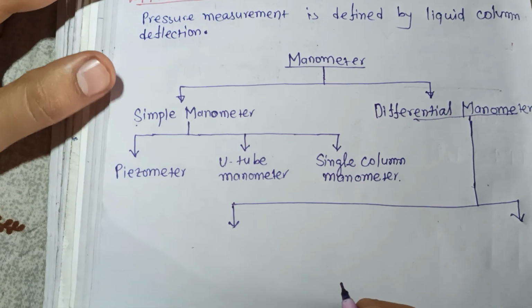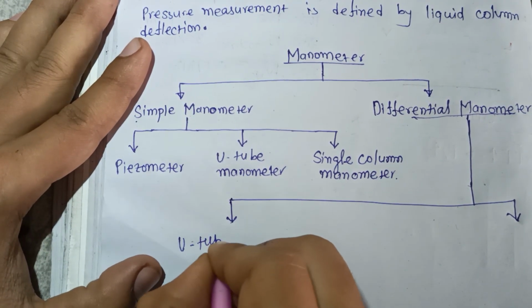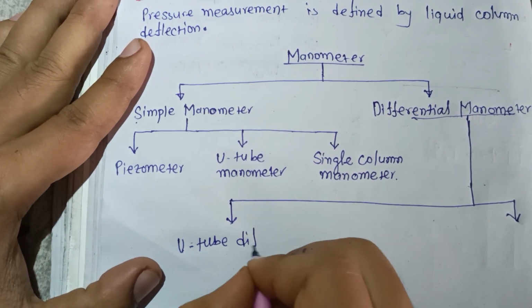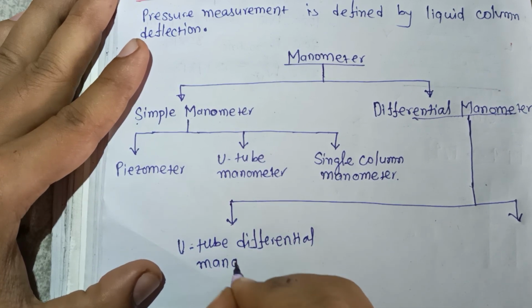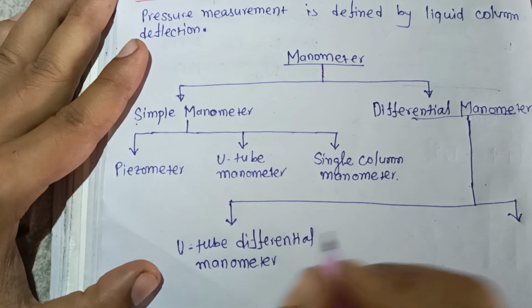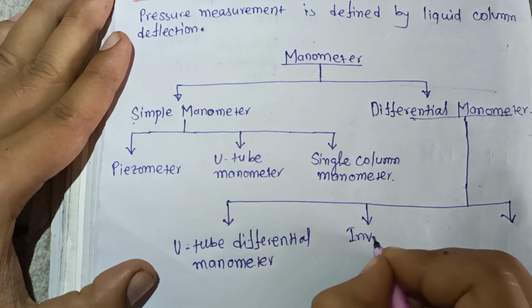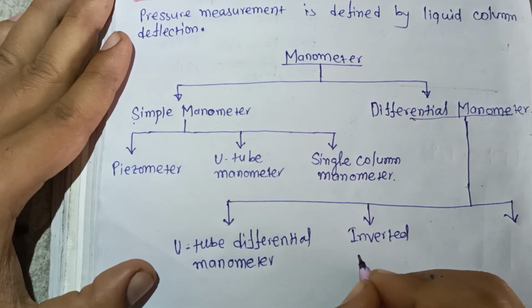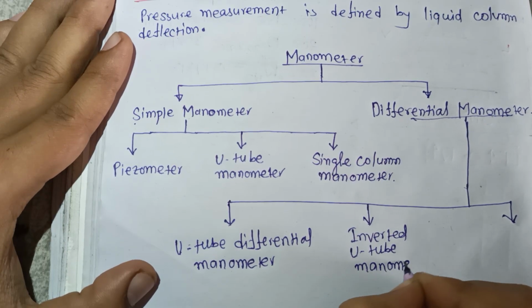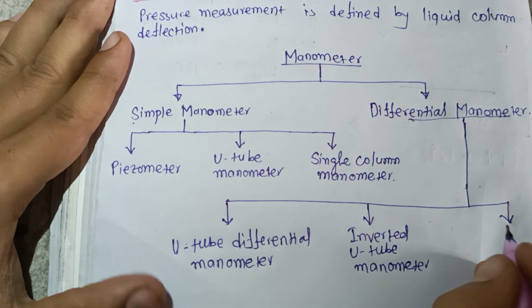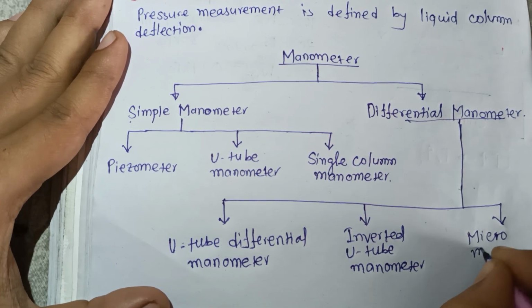One is the U-tube differential manometer, second is the inverted U-tube manometer, and third is the micro manometer.